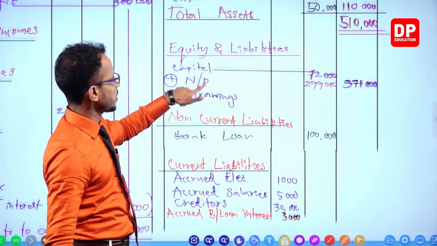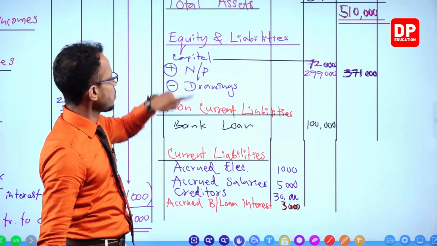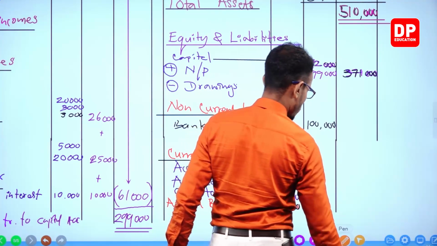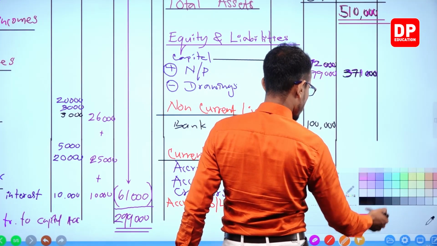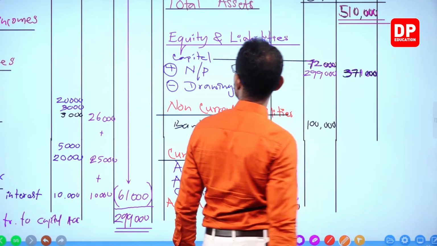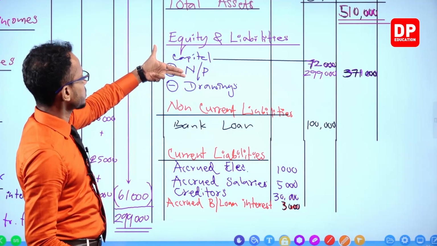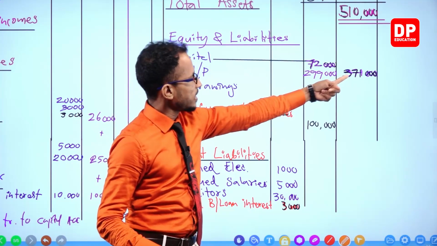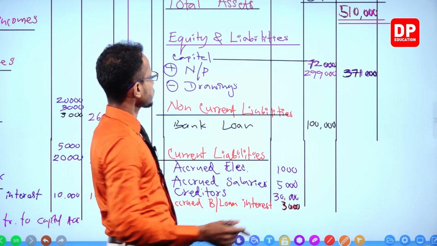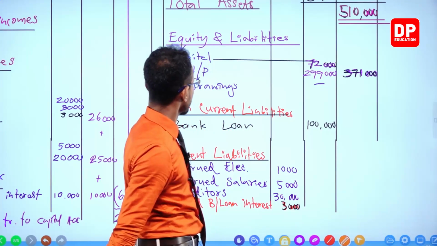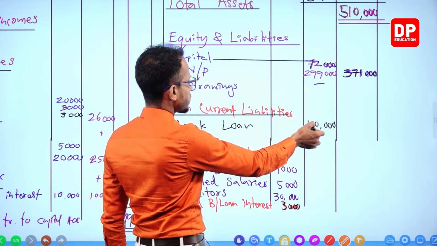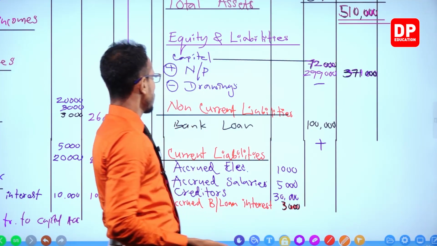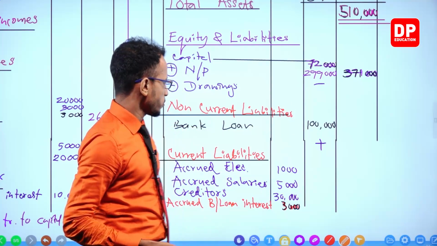Put it up a little bit more. Okay, let's balance it. Now take the capital and equity and liabilities section. In this section, we have already taken the capital and the net profit. Addition 371. No drawings, nothing. Now take the non-current liabilities and current liabilities. Non-current, we have bank loan 100,000.